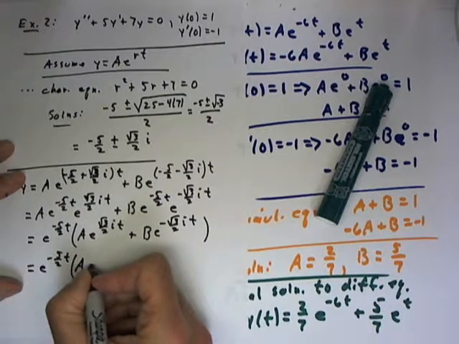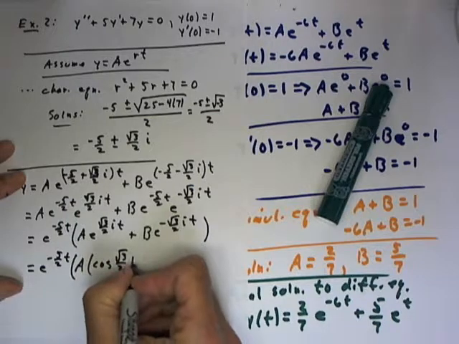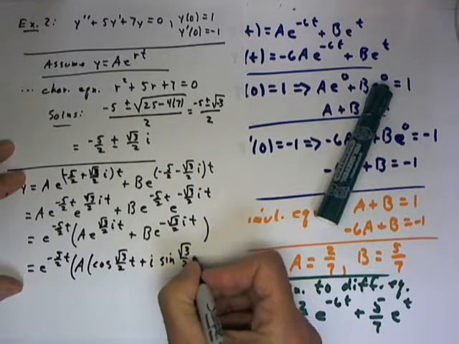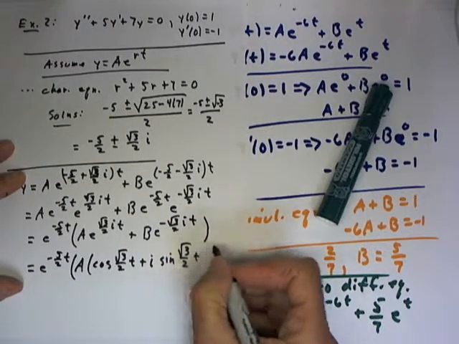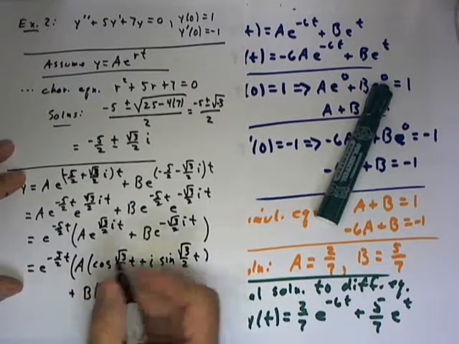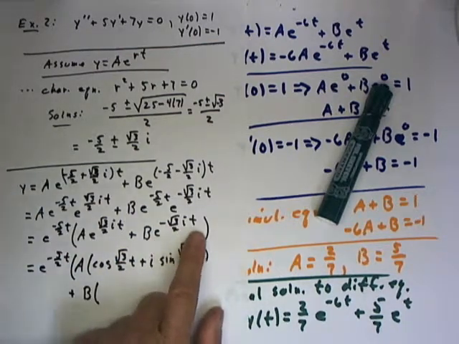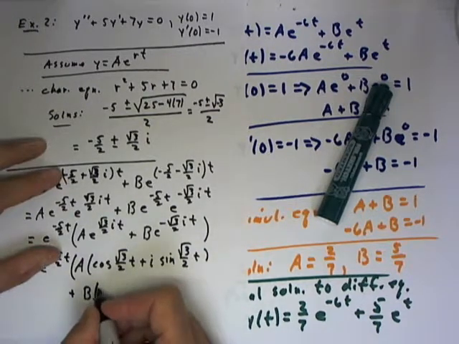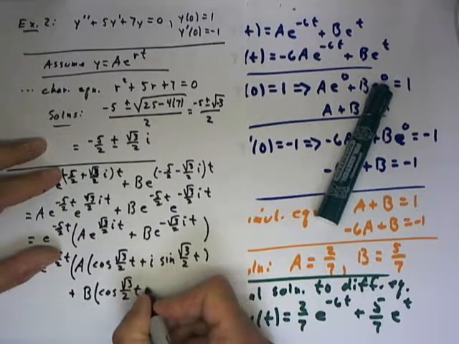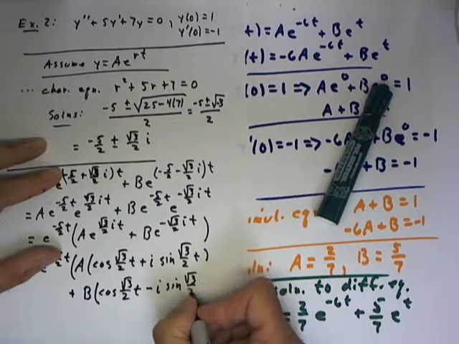So, writing that out, we have a times cosine square root of 3 over 2 t plus i sine square root of 3 over 2 t, and then plus b times e to the negative square root of 3 over 2 i t, which, as we've seen previously, is going to give us cosine of square root of 3 over 2 t minus i sine square root of 3 over 2 t.